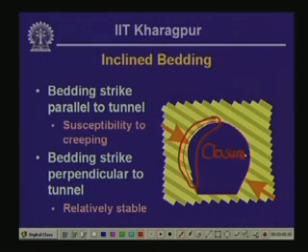This cross section is actually taken from a real life problem. Recently, a headrace tunnel more than 27 kilometers long was constructed in Himachal Pradesh as part of a project called Nathpa Jhakri.